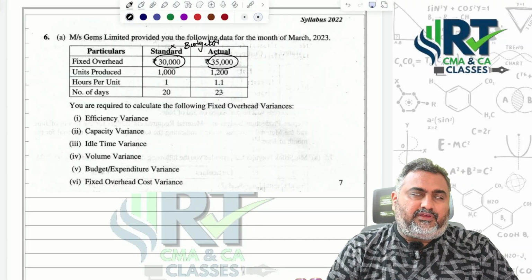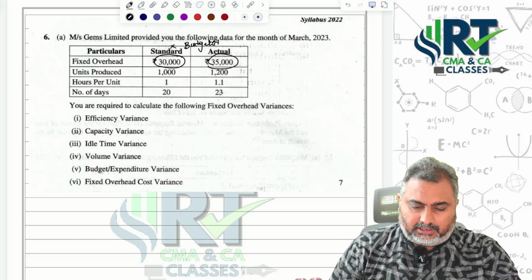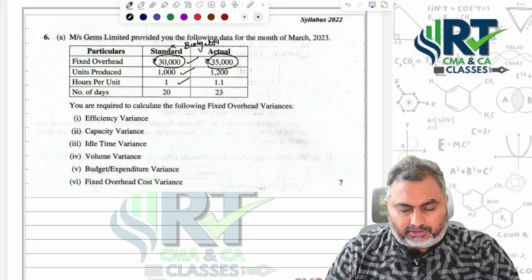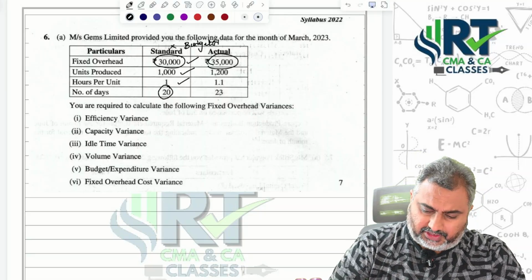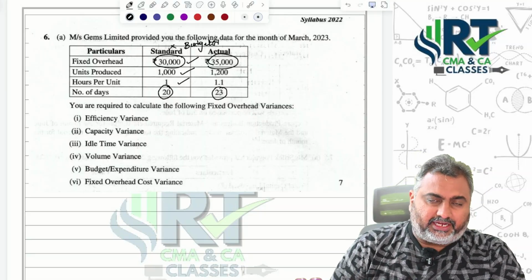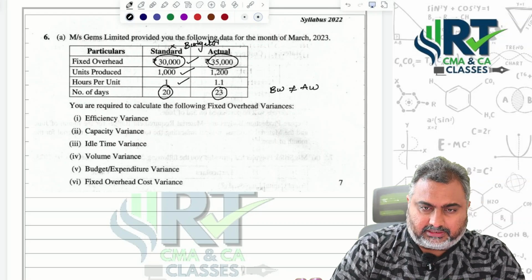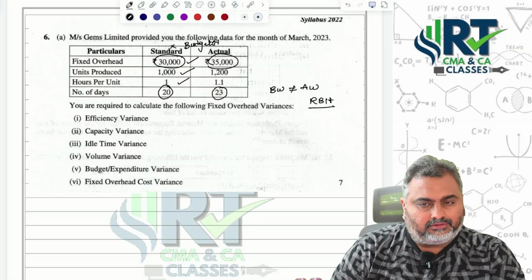The word standard is used very little when it comes to overhead variances; it should be budget. What is your budgeted fixed overheads? 30,000. What are your budgeted units produced? 1,000. What is the budgeted time per unit? 1 hour. How many working days are there? 20. Actual working days are how many? 23. So your budgeted working days are not equal to actual working days. Then what comes into the picture? RBH will come into the picture.